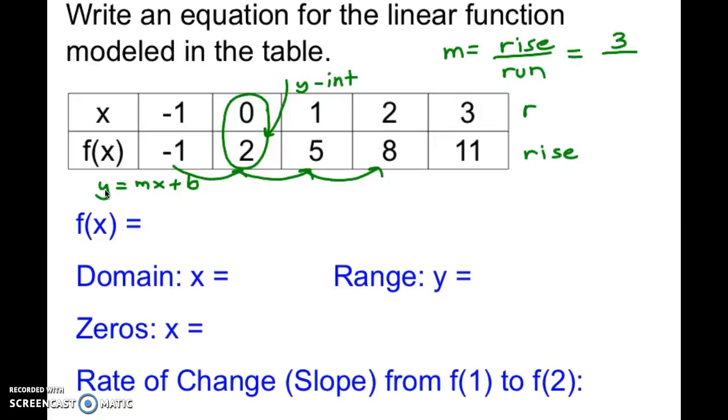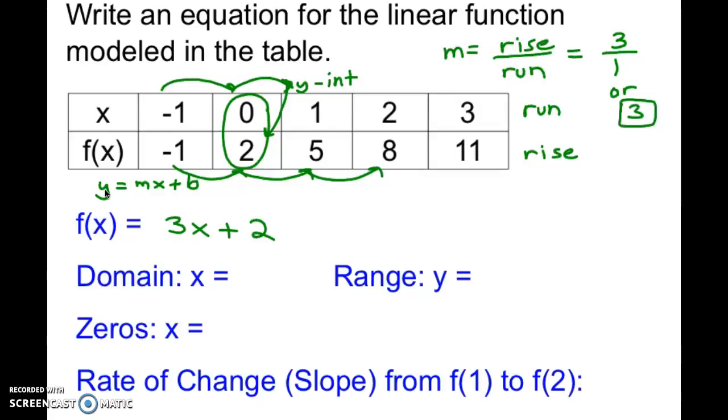The x values determine your run, and each time you're going up by 1. So your rise is 3, your run is 1, so your slope should be 3 over 1, which is the same as 3. So I can write my equation of a line as y = 3x + b, and you found your y-intercept was 2.